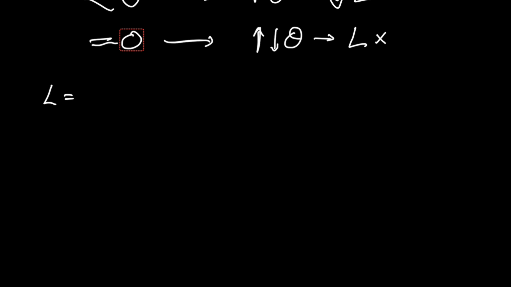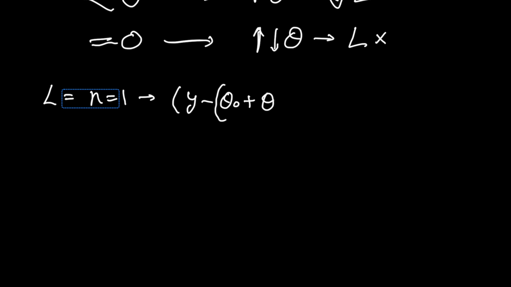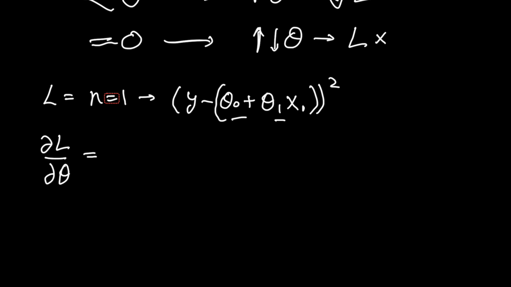So our loss function, let's say we just take 1 point, so n is 1, then it would be simply y minus theta naught plus theta 1 x1, whole square. So if I simply find del L over del theta, how do I find it? Because there are two thetas here. Well, you can do partial differentiation.